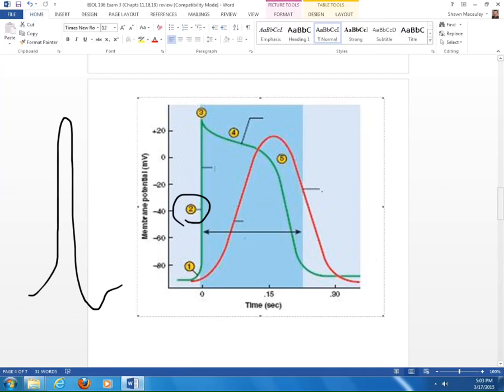Rapid upward swing, sodium comes in, same old story. But what happens in a cardiac muscle cell that's different? What do we call this area up here? The plateau. And what was the deal with that plateau? What's different about a cardiac muscle action potential than a regular muscle or nerve action potential?